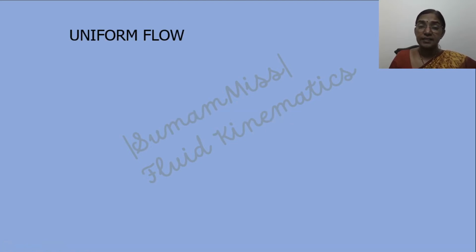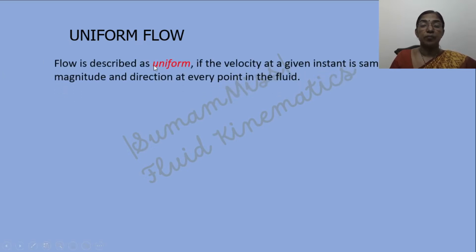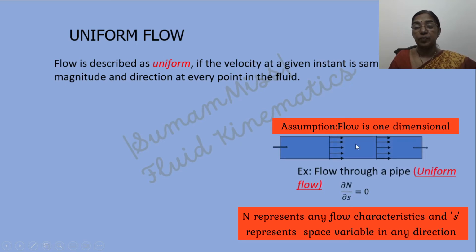If the flow characteristics, for example velocity, at every point are the same in both magnitude and direction, then we can call that flow uniform flow. So if n represents the flow characteristics, then for a uniform flow, ∂n/∂s is equal to 0. The best example is the flow that is taking place through a pipe.